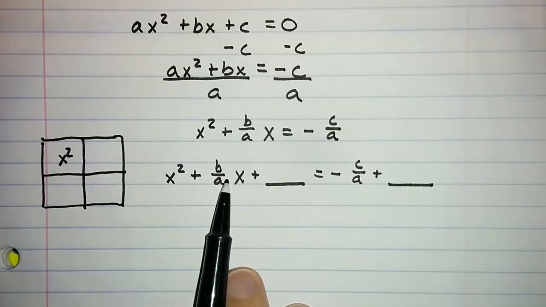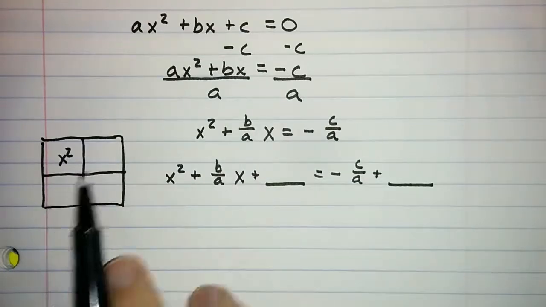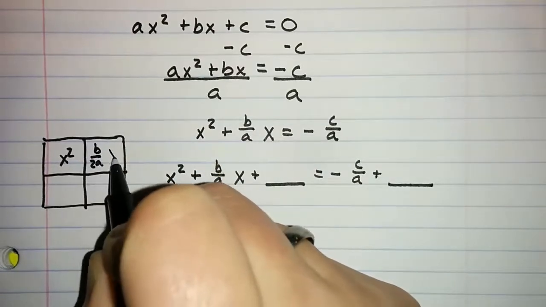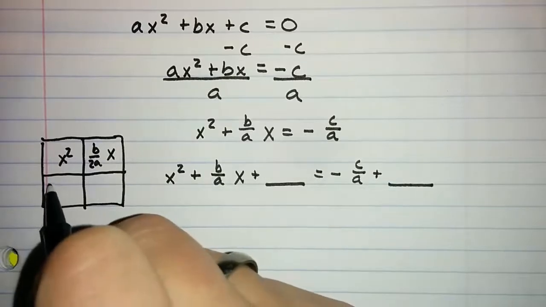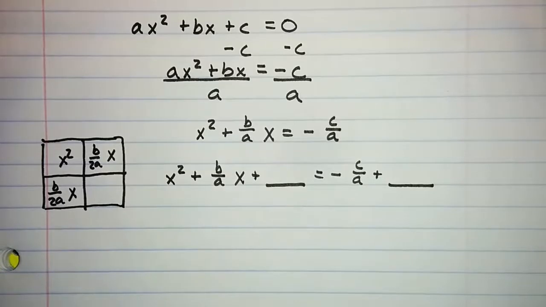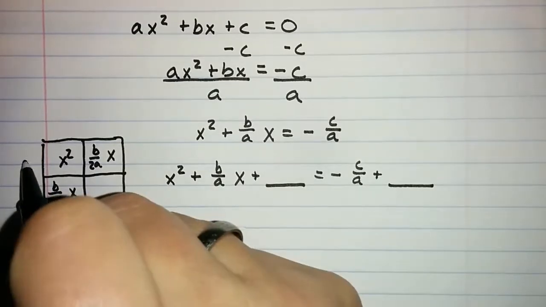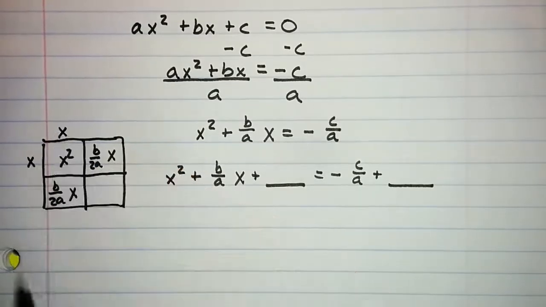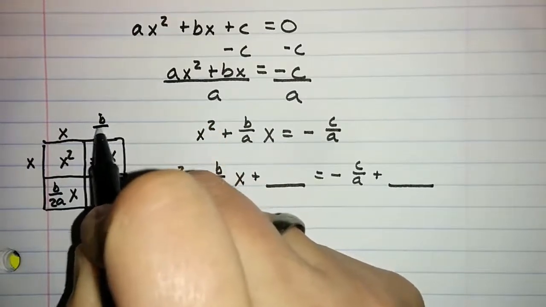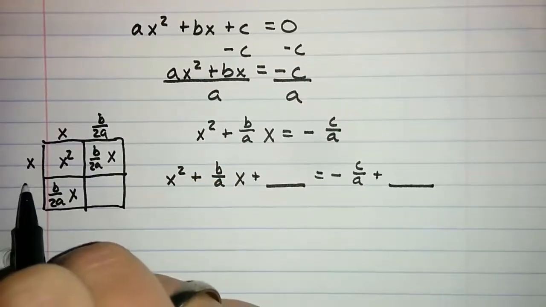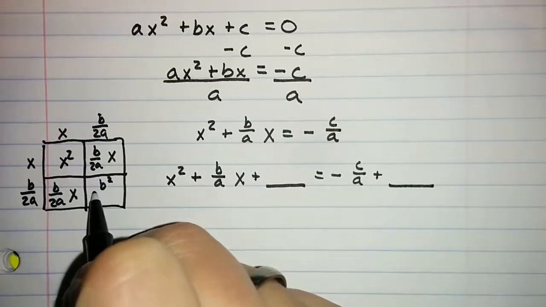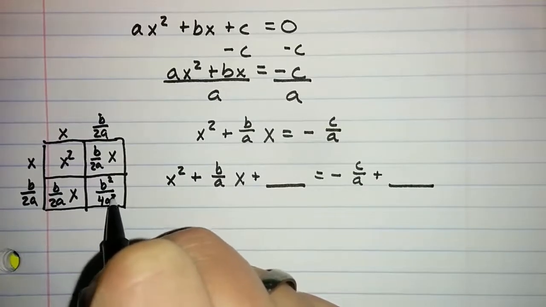And now I need to split my b over a times x in half. I'll have b over 2a times x here, b over 2a times x here. This box then will be x by x. This box will be x by b over 2a, as will this one. This box will be b squared over 4a squared.